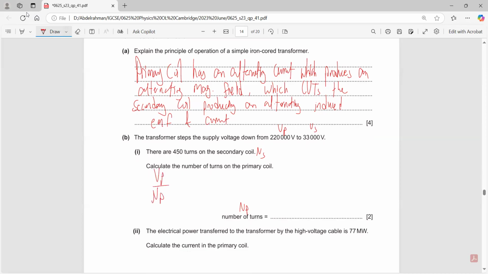VP over NP equals VS over NS. 220,000 divided by NP equals 33,000 divided by 450. Cross multiply: 450 times 220,000 divided by 33,000. This will give you a total of 3,000 turns.